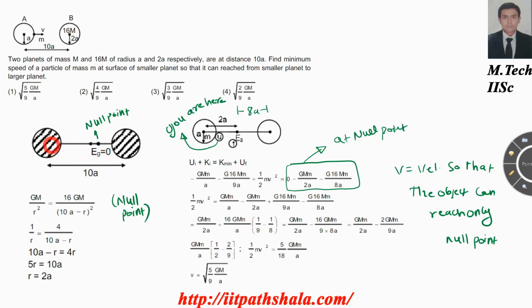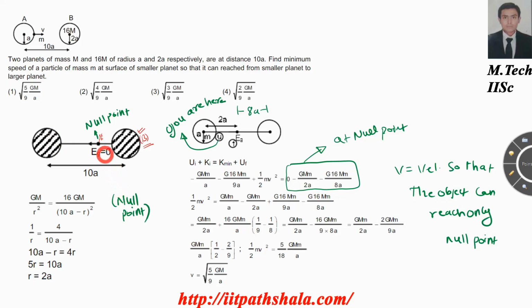If I send my particle to this null point, where both of them are having a 0 pull, the force due to gravity will be equivalent to 0 at this point. Then if I move my particle a very slight distance, delta x, the planet B will readily attract this particle very easily. So my first job is to send my particle to this null point.